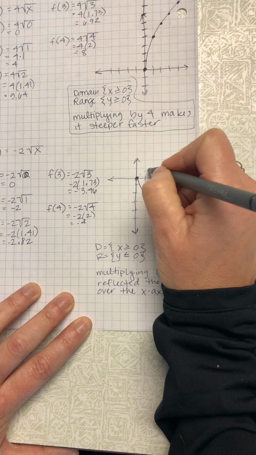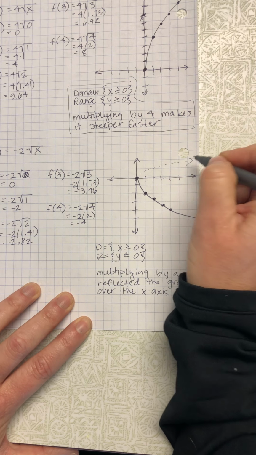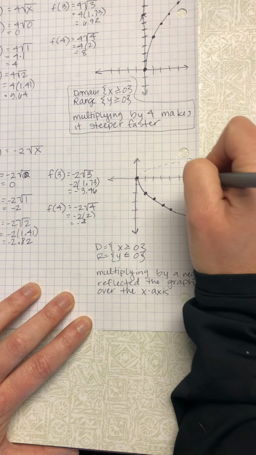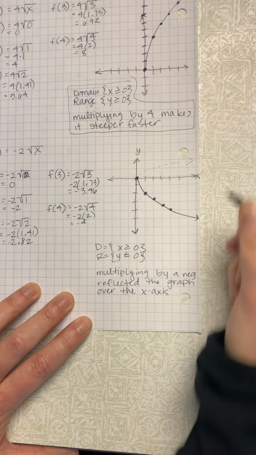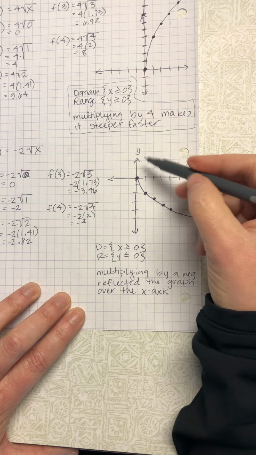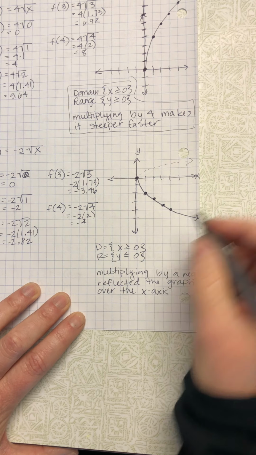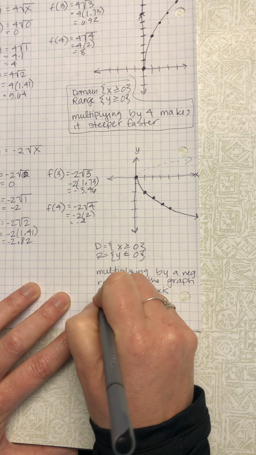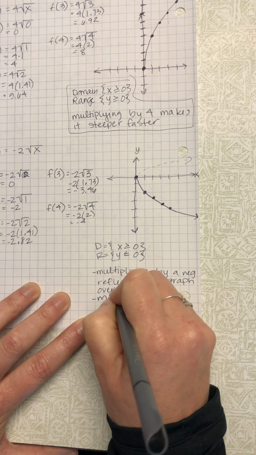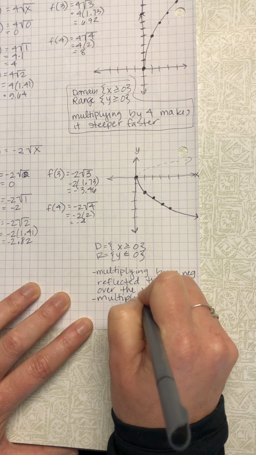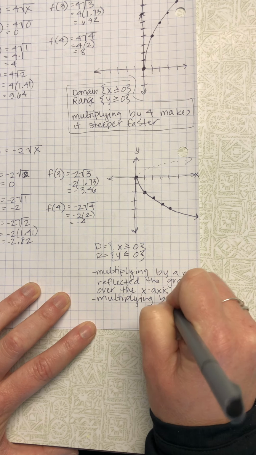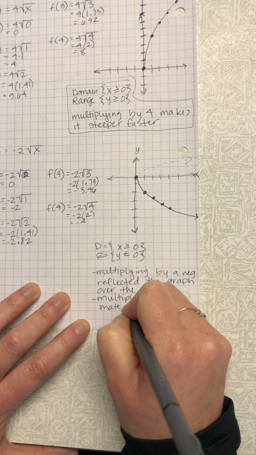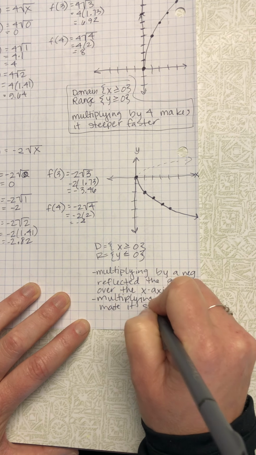So instead of being up here, it's now reflected on this side of x. And it's also a bit steeper, much like the last one. So I might also say multiplying by 2 made it steeper.